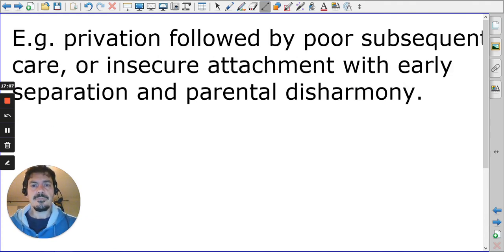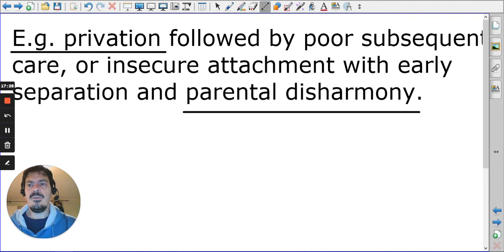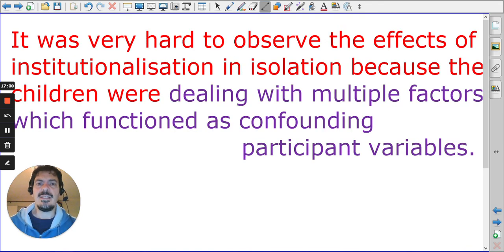In this particular case, we saw a lot of the children were privated, in other words they weren't cared for, but there's also poor substitute care, or an insecure attachment followed by separation from that potential carer, or some kind of parental disharmony. All of these are multiple factors that may ultimately explain the outcome for those children.